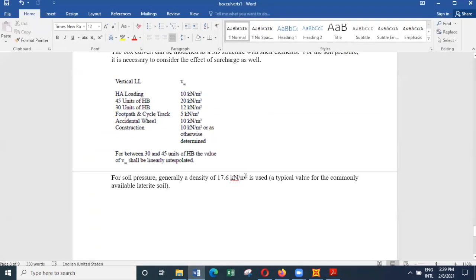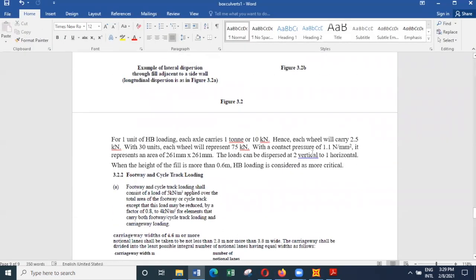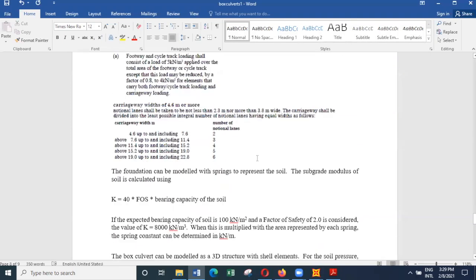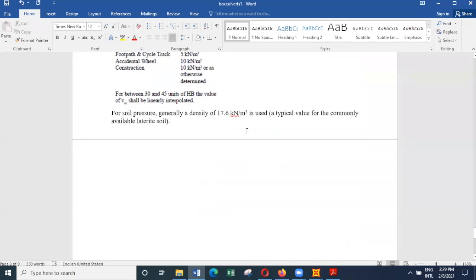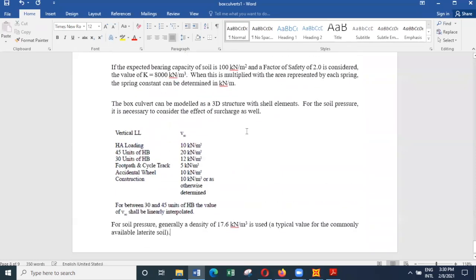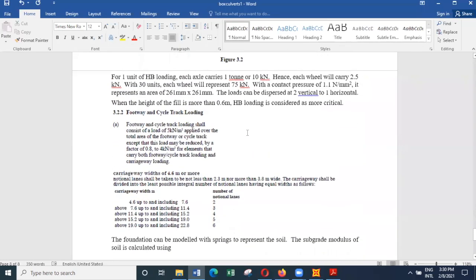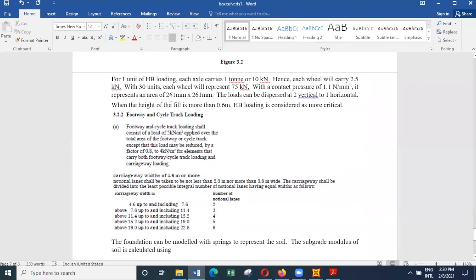The density of concrete is considered as 17.6 kilonewtons per meter cube, and that's the value that is used in our road development authority in general. So that's a kind of theory.